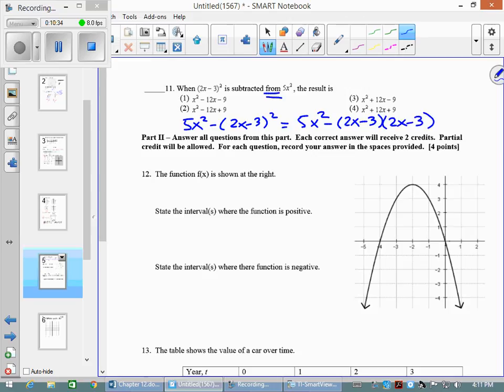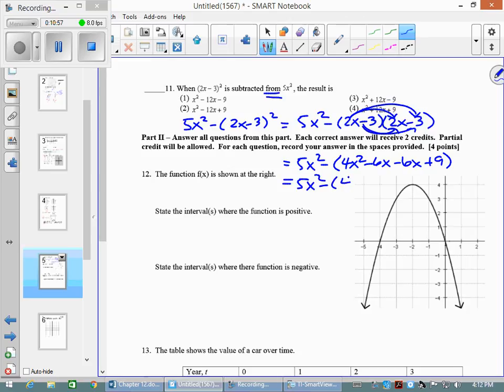So if we distribute, we would get 4x squared, that comes from 2x times 2x, minus 6x, minus another 6x, plus 9. Notice how I kept parentheses around the entire polynomial because we are going to then later subtract it. We get 5x squared minus, I'm going to simplify my like terms.